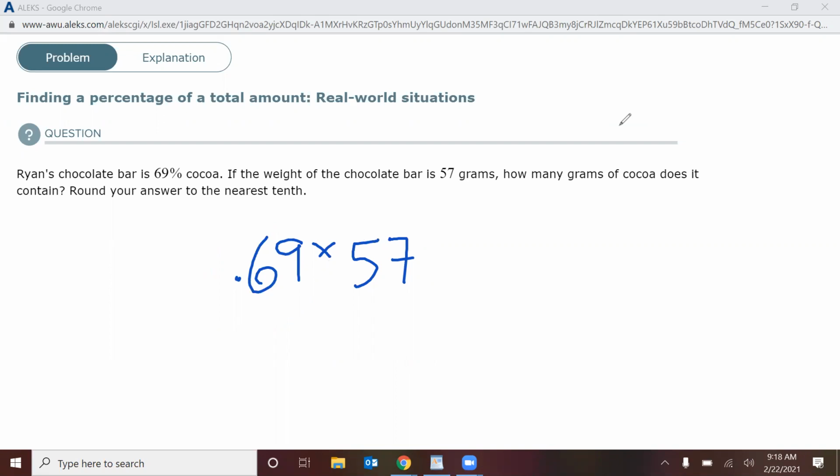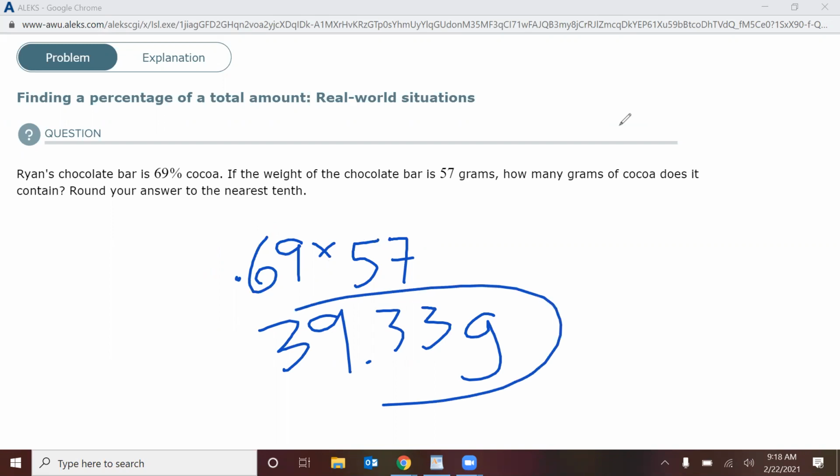And that would be 39.33. And because it's a word problem, we include the units. 39.33 grams out of the 57 is actually cocoa. So all I did, once again, was translate exactly what we knew. I know that 69% of the 57 grams is cocoa.